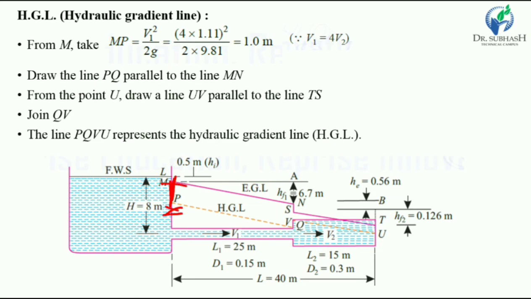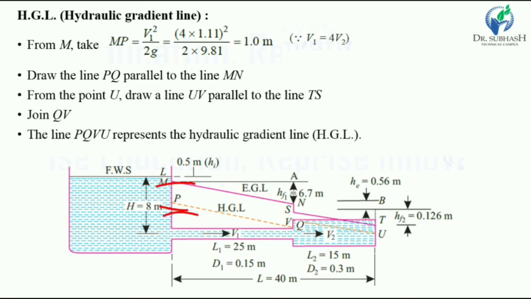The difference is 1 meter of velocity head. Okay. That is the difference of velocity head, 1 meter, between M and P points. At the P point is the piezometric head and the M point is the total head, and the difference between them is the velocity head.